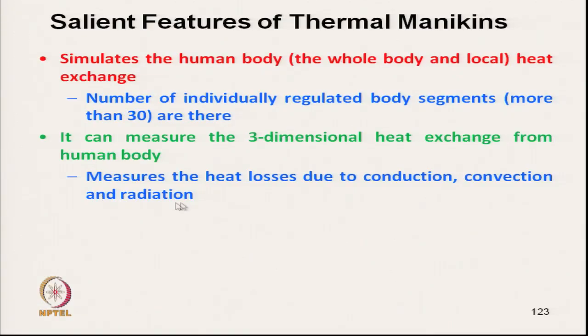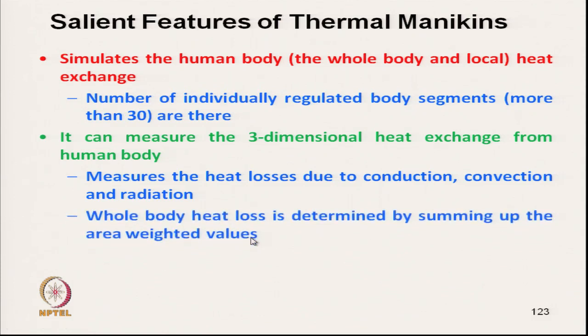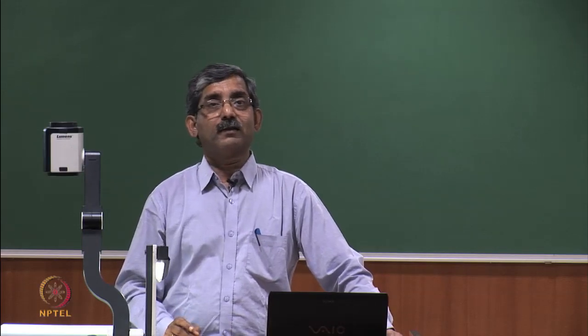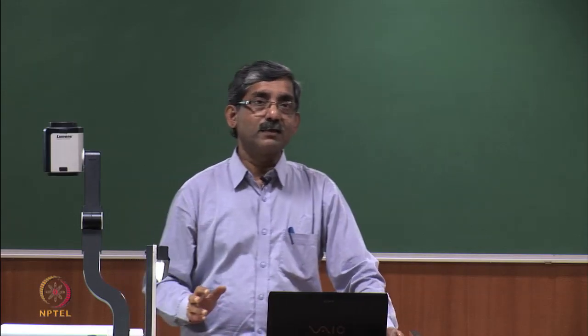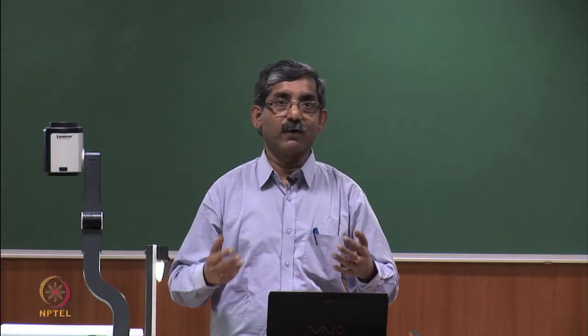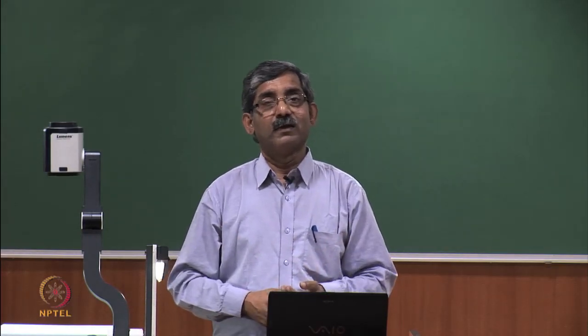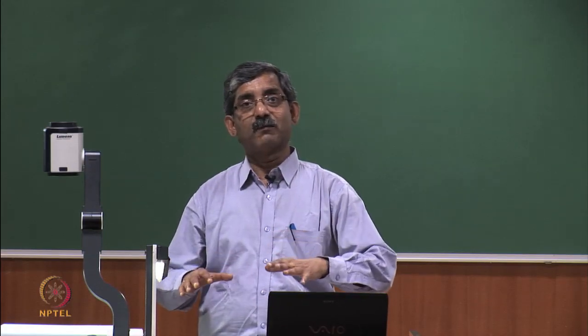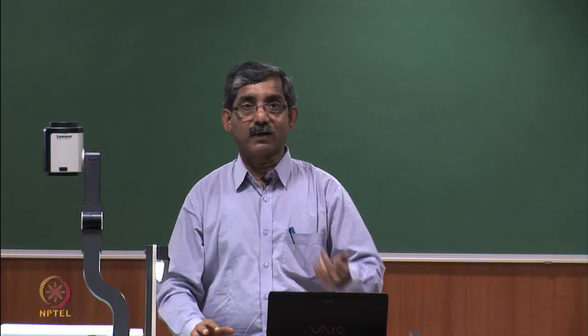It measures the heat loss due to conduction, convection and radiation. So, which simulates the actual heat transmission condition through human body, and the mannequins are of different types. We can get different types of mannequins like walking mannequin and stationary sitting mannequin, standing mannequin.